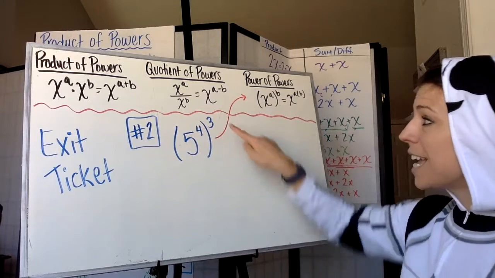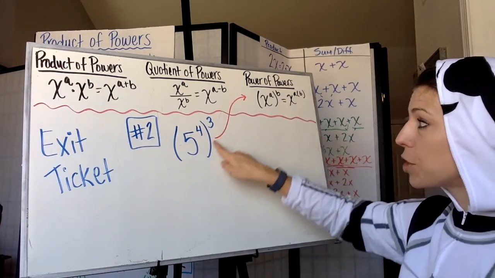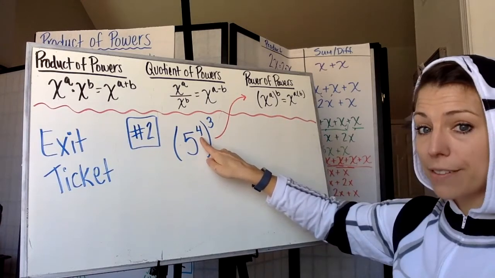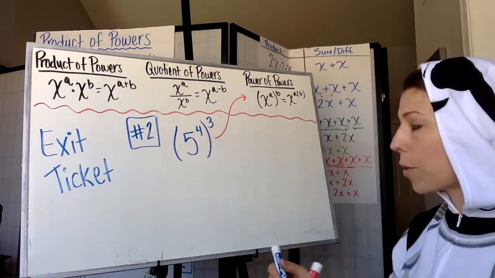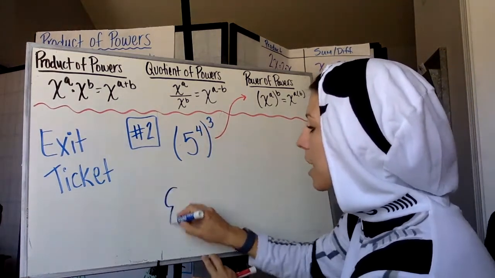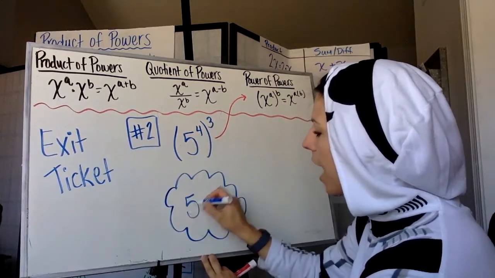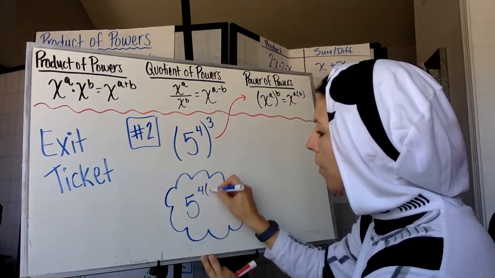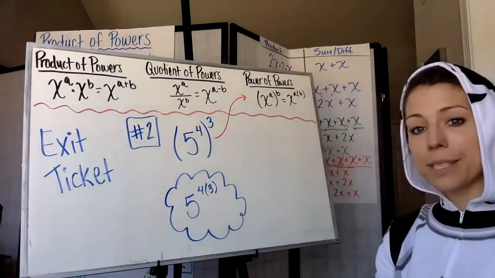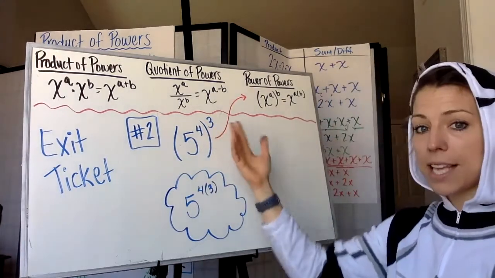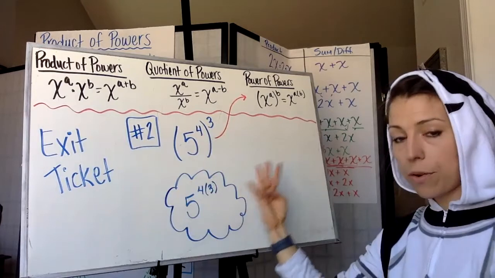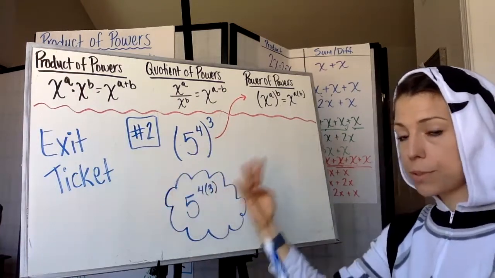The shortcut is, this basically means I have 3 groups of 4 5s. So the math that I'm doing in my head is I'm doing 5 to the 4th power 3 times. That's 3 groups of 4.